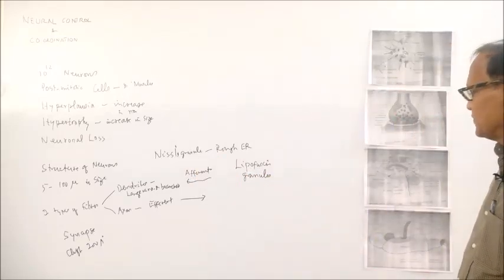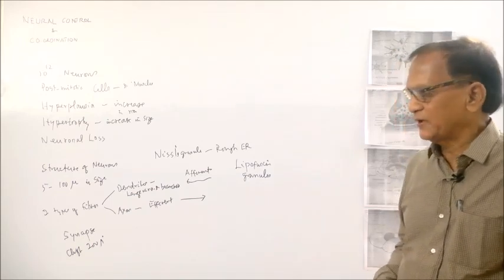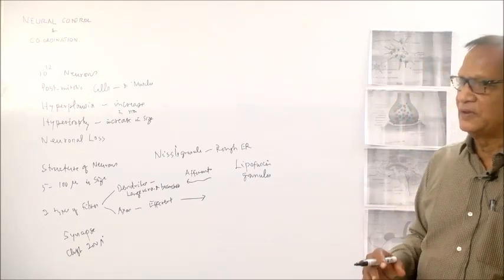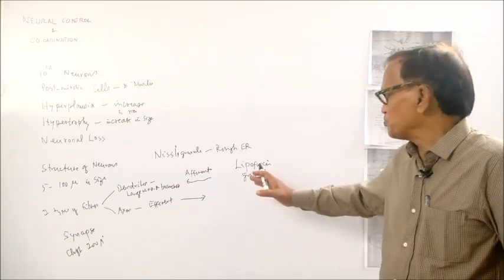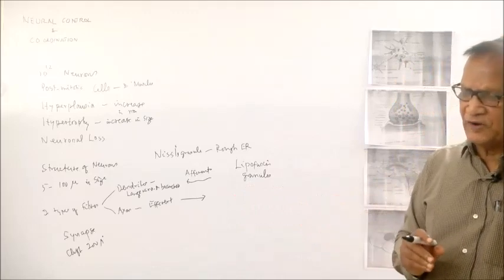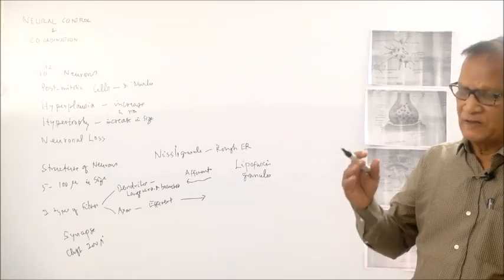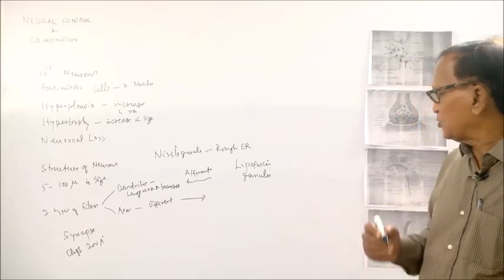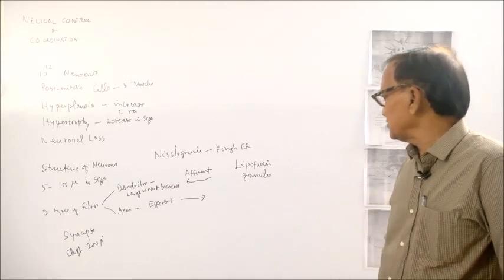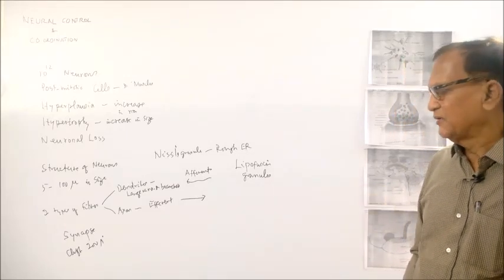As a result of the accumulation of these lipofuscin granules that are derived from lipid metabolism, there is a loss in the function of the neurons as it occurs with age. So, with age there is gradual accumulation of these lipofuscin granules in the cell body, which affects their functioning.